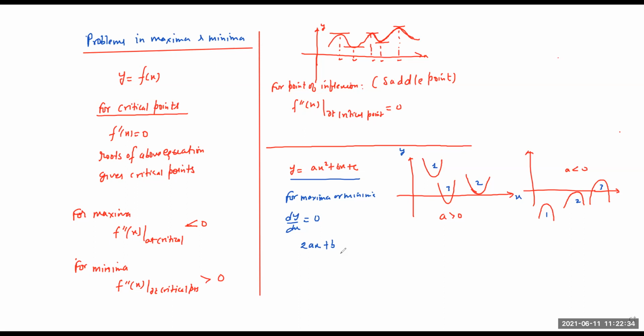And if the graph is cutting at two distinct points, we say distinct roots. Can you see that now? So we are not solving the quadratic to get the roots. We are trying to find the location at which the graph attains the local minima.